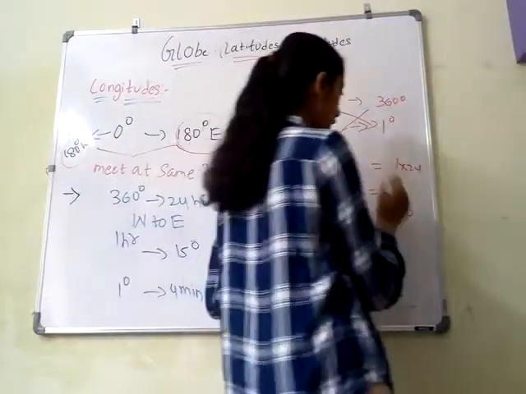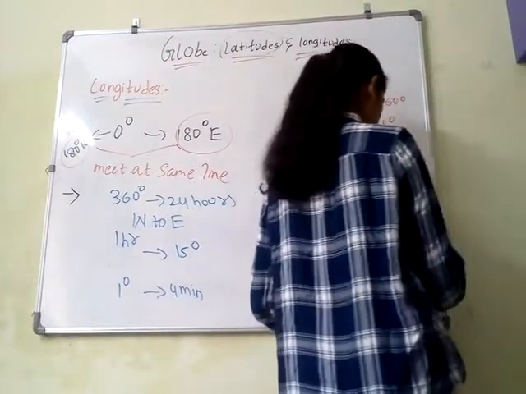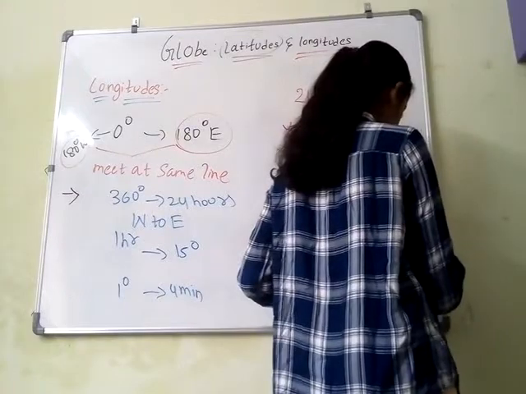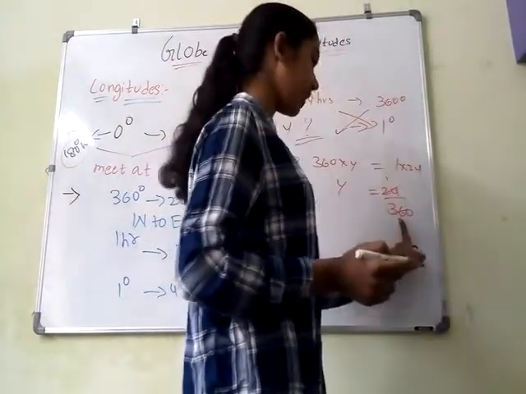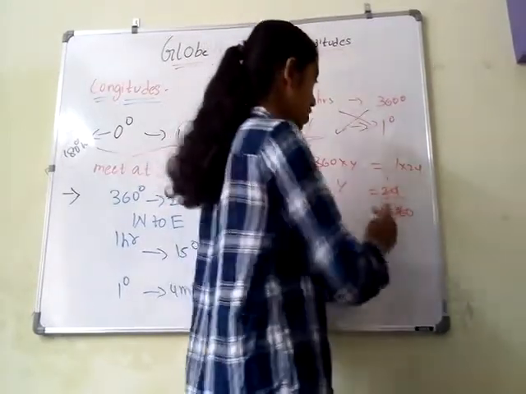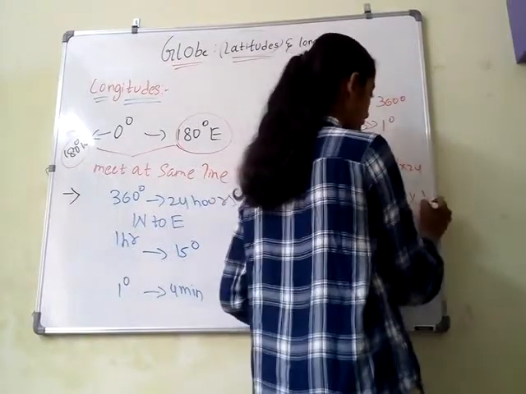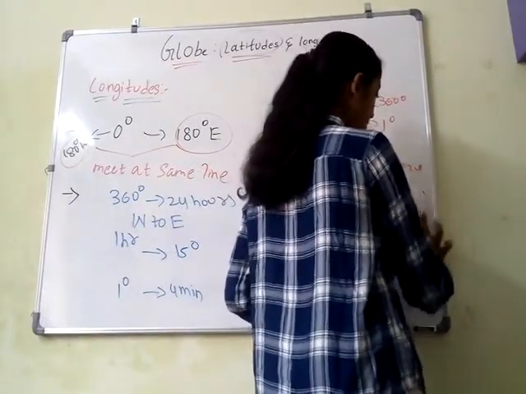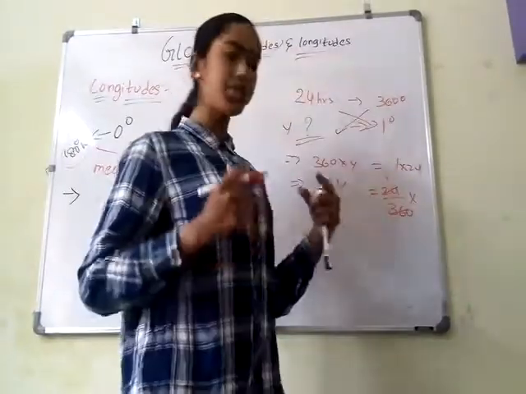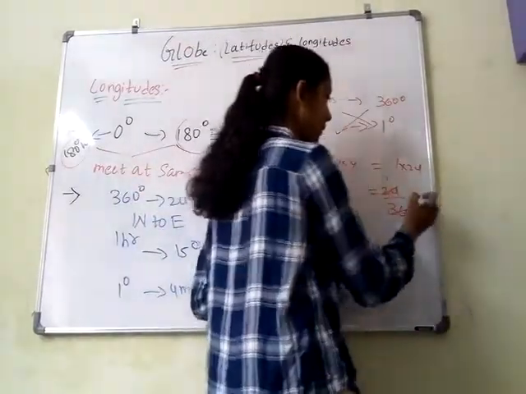So actually, if you calculate 24 by 360, you will get it in hours. So what we are going to do is convert hours into minutes. Sorry, I made a small mistake. Hours we are converting into minutes, so we have to multiply it by 60.